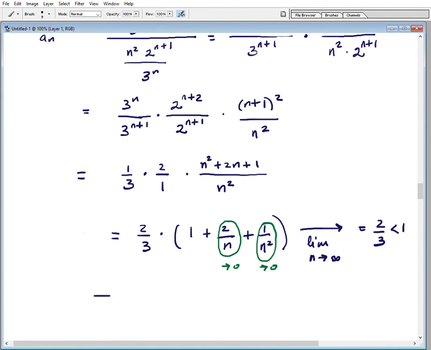That means it converges by the ratio test. So that's a typical problem. This rearranging is typically what we do to simplify: divide whatever you can easily divide, reduce as much as you can, and that's it.